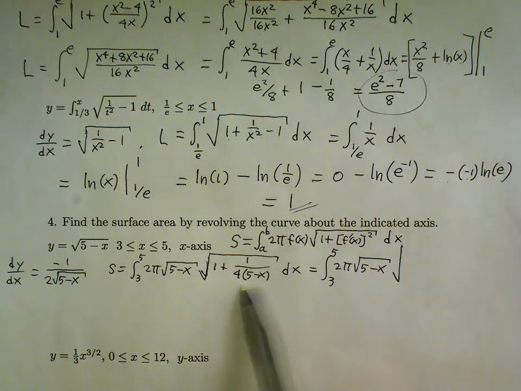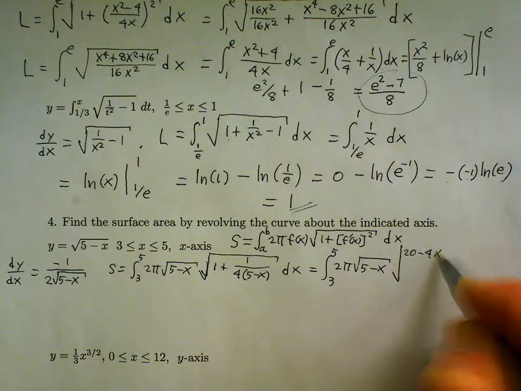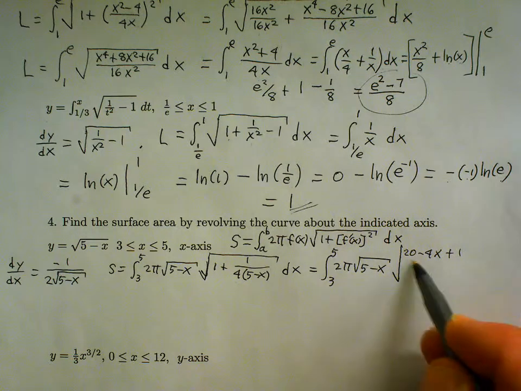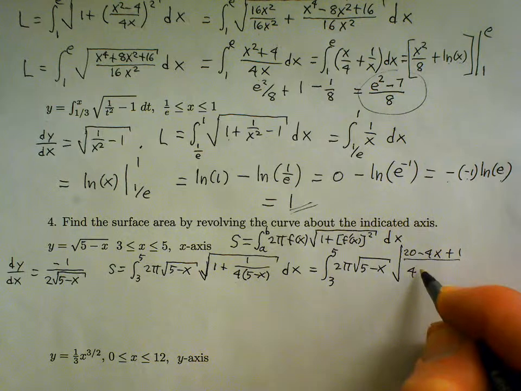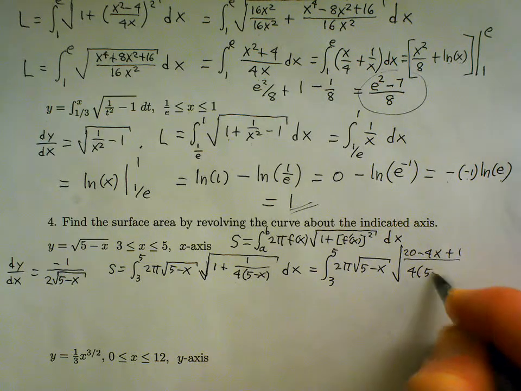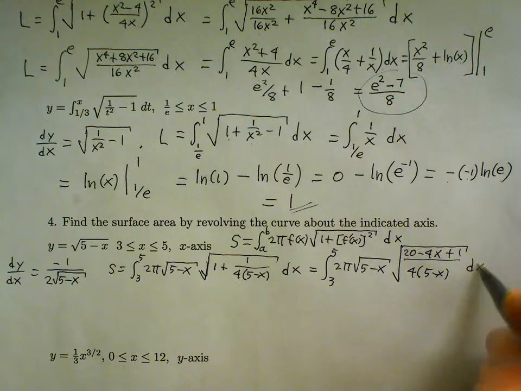So 4 times 5 minus x is 20 minus 4x, and then plus 1, over 4 times the quantity 5 minus x, dx.